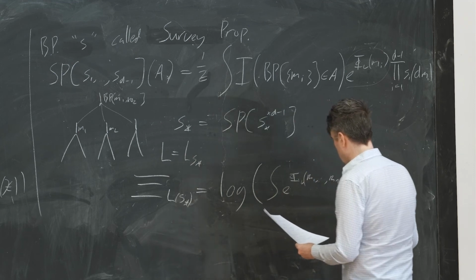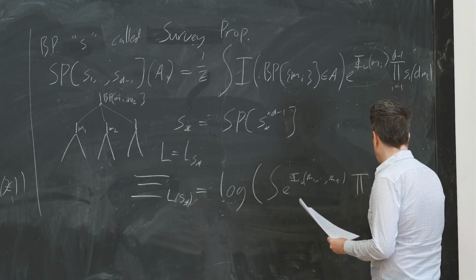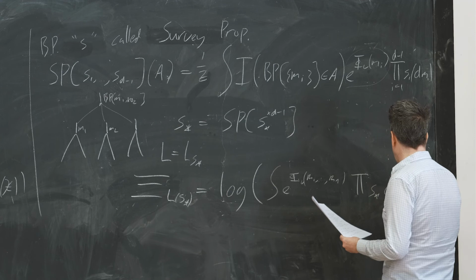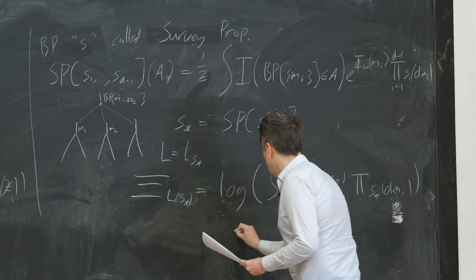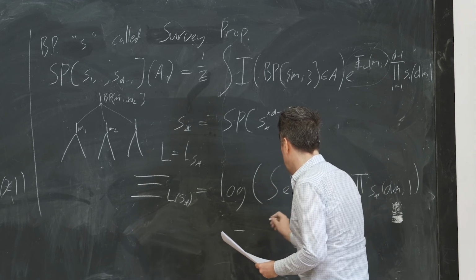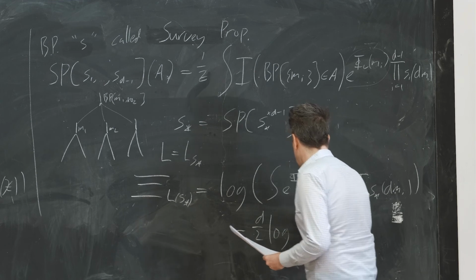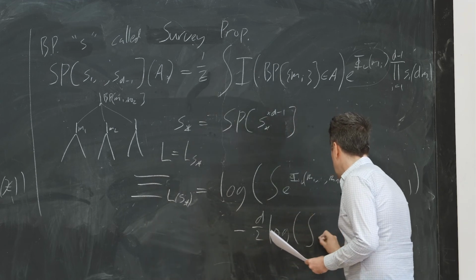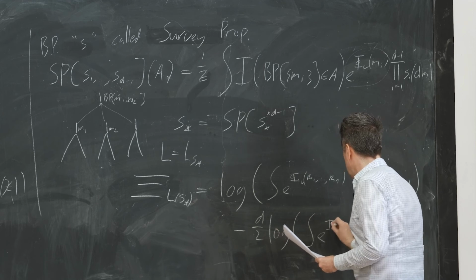So this is the vertex term, and then minus d over 2 phi edge.